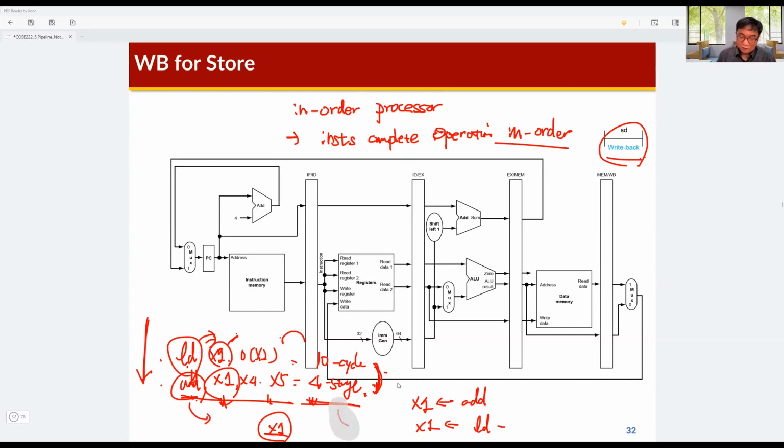Okay, that's why this add instruction also performs all 5 stages like the load instruction. We are learning about the simple pipeline architecture, so every instruction passes through all stages of the pipeline process.